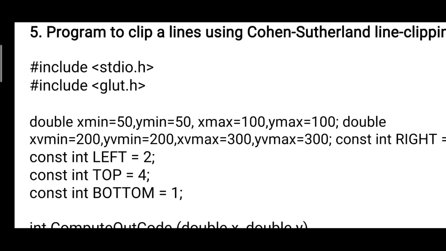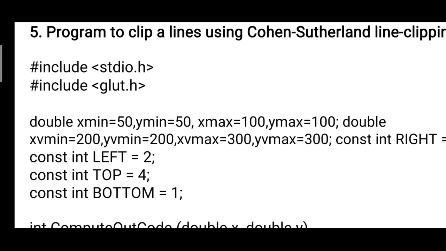After redisplaying, once the calculation is done and the particular portion of the line is clipped off, since it is a line clipping algorithm, the portion which falls outside the clipping rectangle is supposed to be clipped off, isn't it? Once that portion is clipped off, you are supposed to redisplay the new line segment along with the new rectangle.